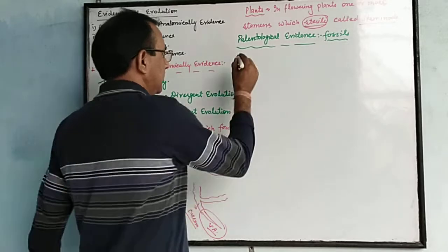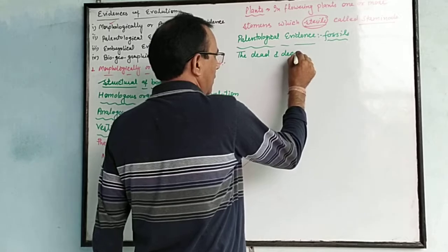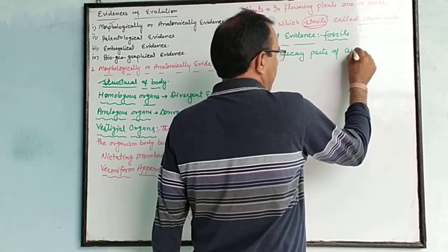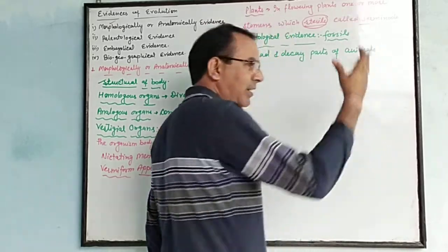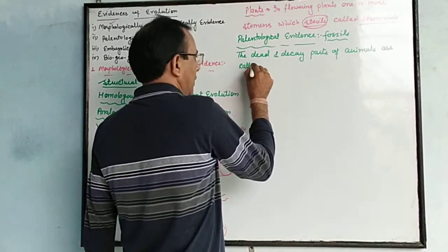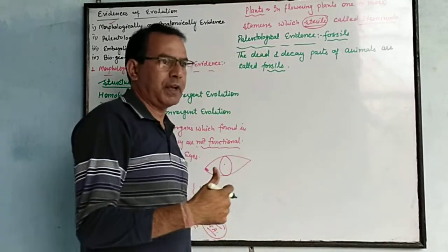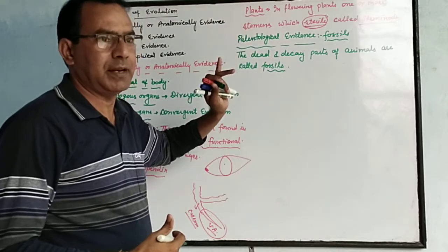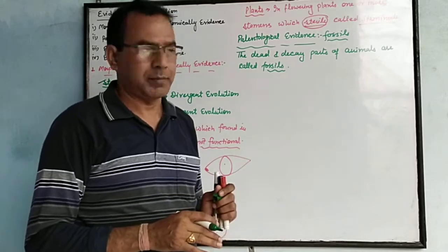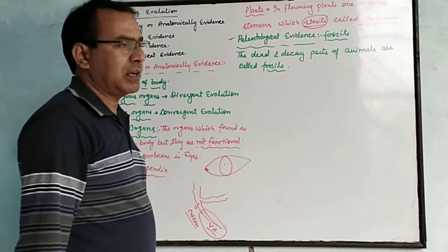The dead and decayed parts of animals which were present earlier are called fossils. Now we compare the new modern organisms with the earlier stage animals. We have seen that there are lots of differences between modern animals and the oldest animals. This is based on fossils, and this type of evidence is called paleontological evidence.